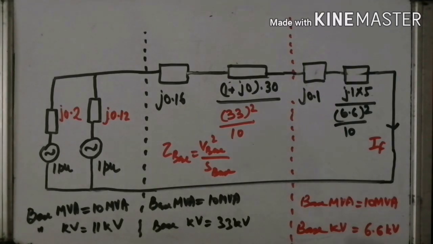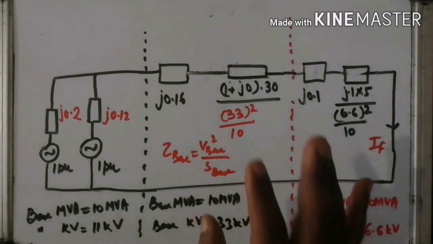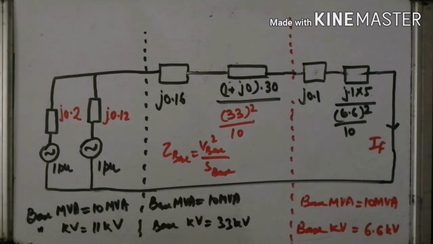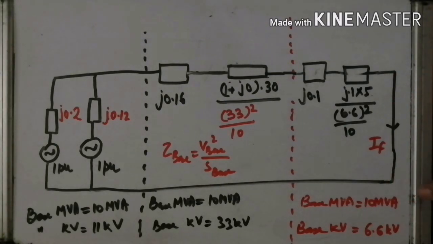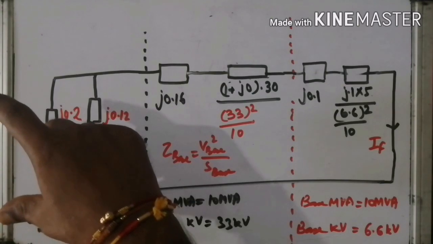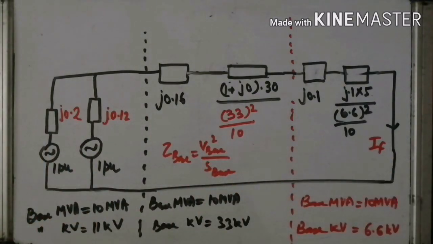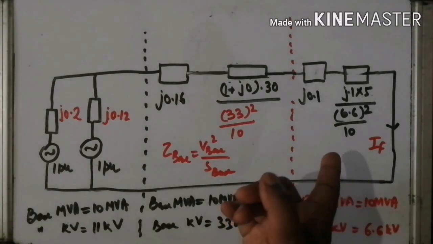Okay, now to calculate the fault current, it is necessary to make a Thevenin equivalent circuit, right? To make the Thevenin equivalent circuit, first of all find out the open terminal voltage, then after impedance of the circuit, then we can calculate the IF.